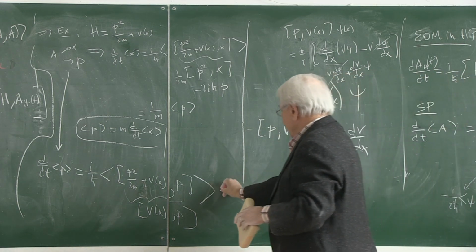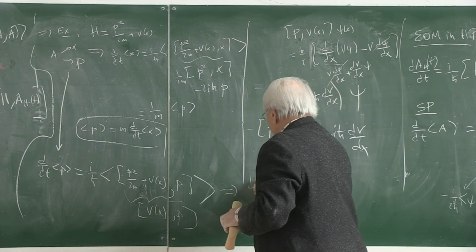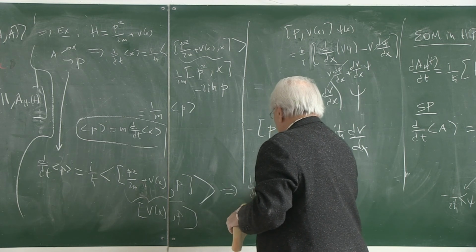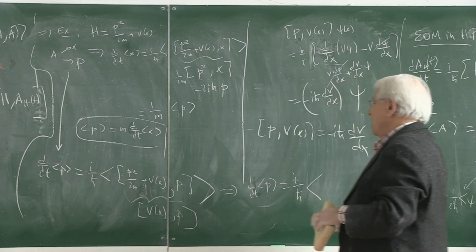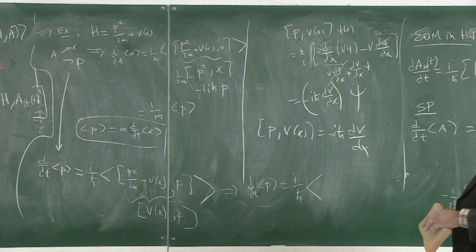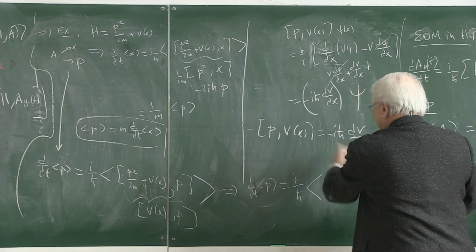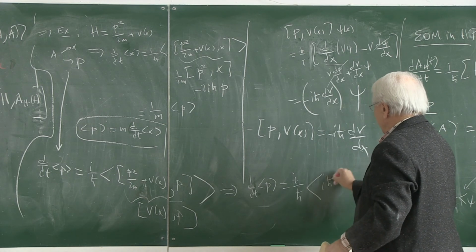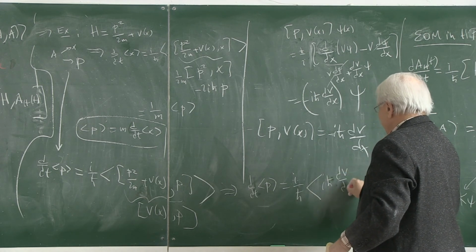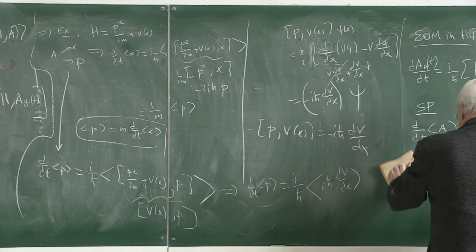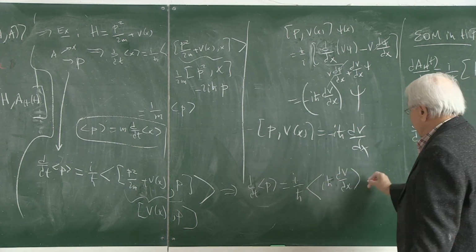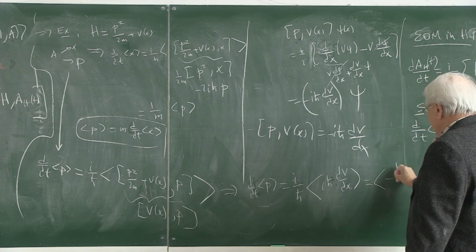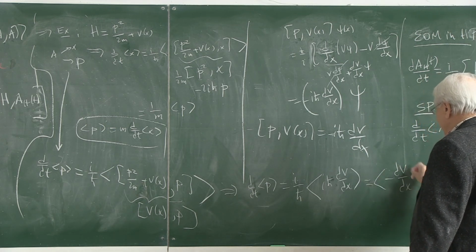Let me continue from here. d by dt of the expectation value of p is i over h bar, the expectation value of this commutator with a plus sign, i h bar dV dx. The i over h bar cancels, and this becomes minus dV dx.